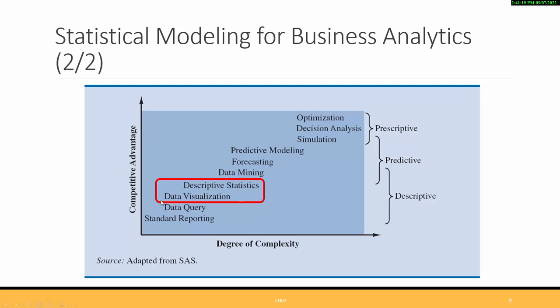Descriptive statistics and data visualization are both techniques for descriptive analytics, and they offer relatively lower competitive advantage compared to predictive or prescriptive analytics techniques. As companies see the advantages of these techniques, they often progress to more sophisticated techniques such as predictive analytics and so on.